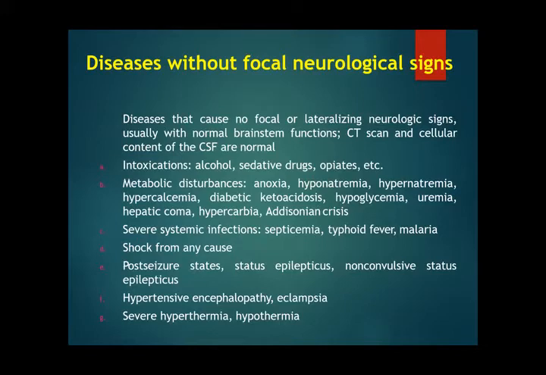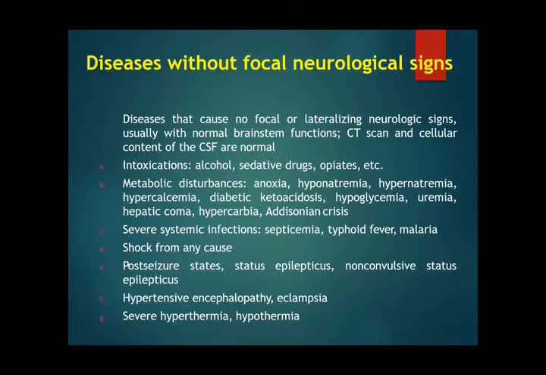Then we have diseases which can have focal neurological signs. Now they can have localizing signs with or without changes in the CSF, and CT and MRI are abnormal. What do these diseases include? Like CNS vascular disorders, hemorrhage or infarction, brain infections like space occupying lesions like abscess, and maybe subdural empyema, brain tumor with surrounding edema, brain trauma leading to epidural and subdural hemorrhage, contusions, diffuse axonal injuries. Then we have metabolic comas.